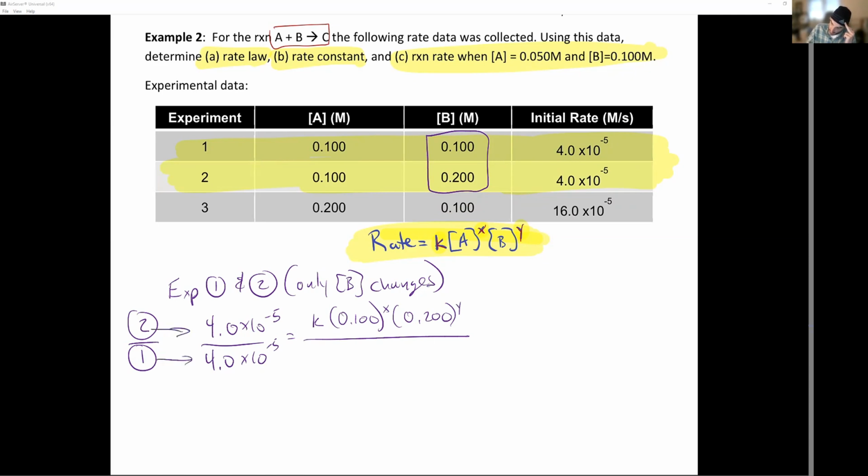So let's substitute these in. K doesn't change.